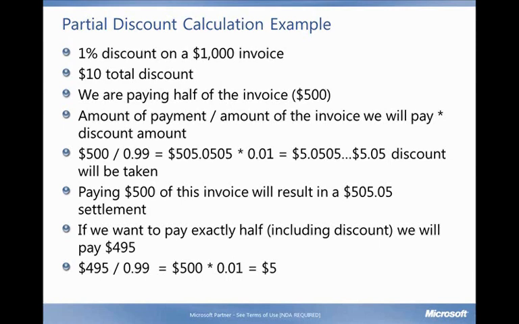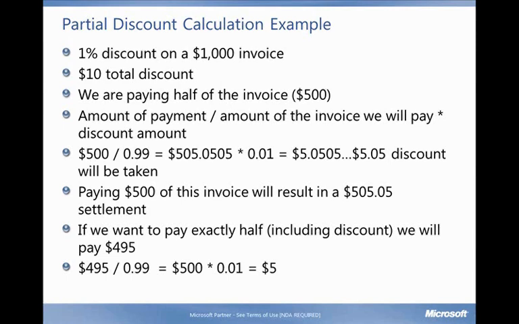amount of the payment divided by the amount of the invoice that we're going to be paying times the discount amount. For example, if a customer remits a $500 payment, we divide that by 99 or 0.99, 99% to get $505.05.